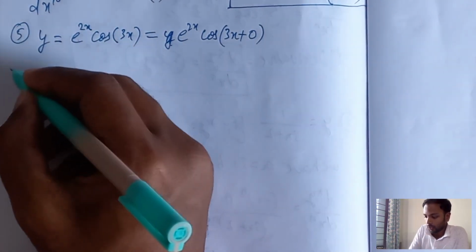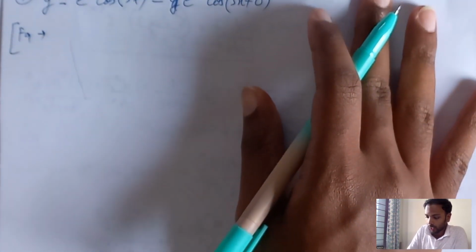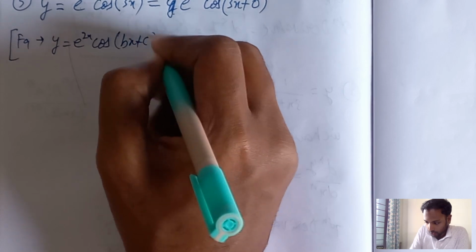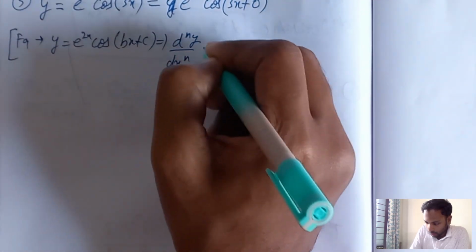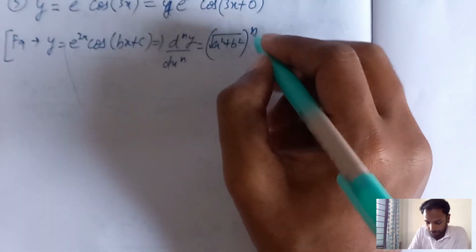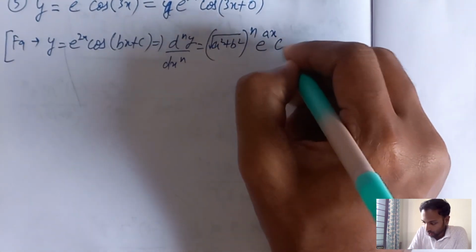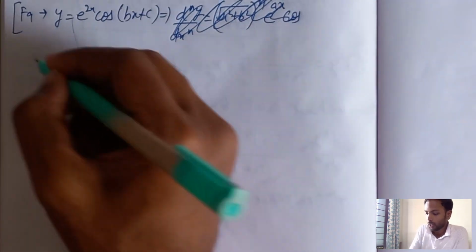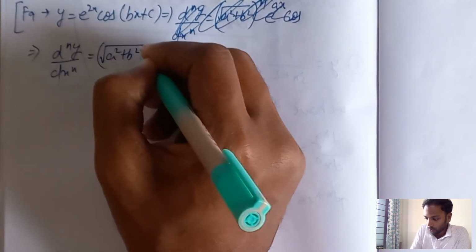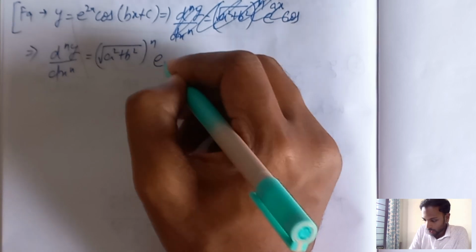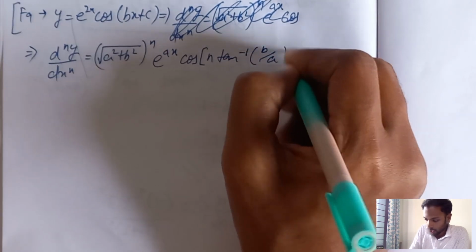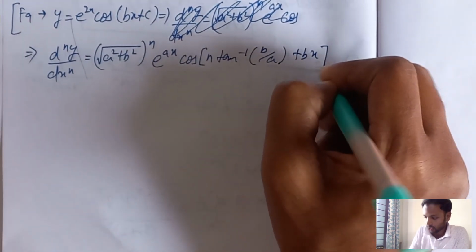So it is the ninth formula which says that if y is equal to e power ax cos of bx plus c, the nth derivative is given by root over a square plus b square to the power n, e power ax cos of n into tan inverse of b by a plus bx.